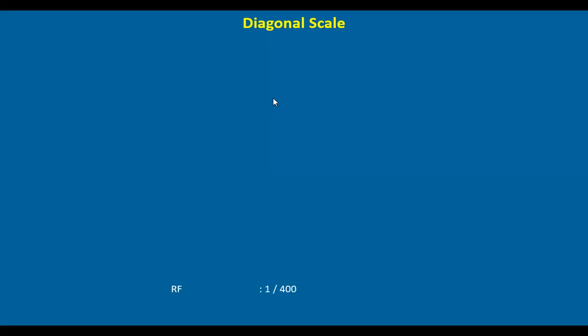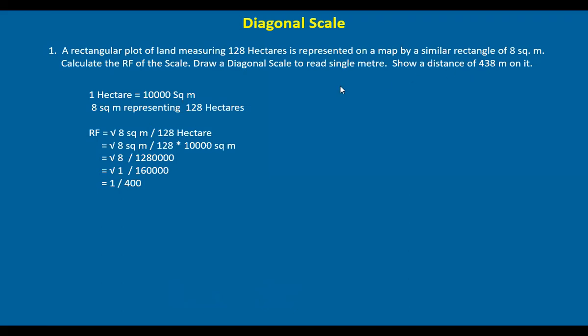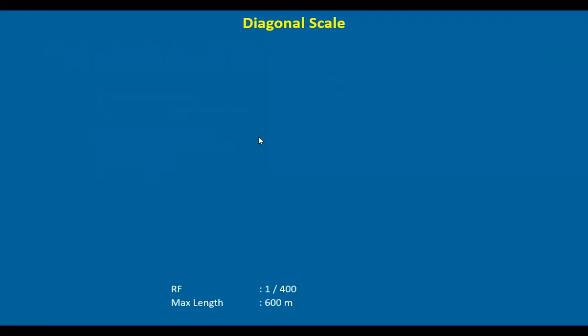So we take RF here, and maximum length, I am assuming 600 meters. 500 also can be taken because the length asked is 438, but with 500, we get fractions. So to avoid that decimal places, I have taken 600 meters. It's up to us. It's our convenience.